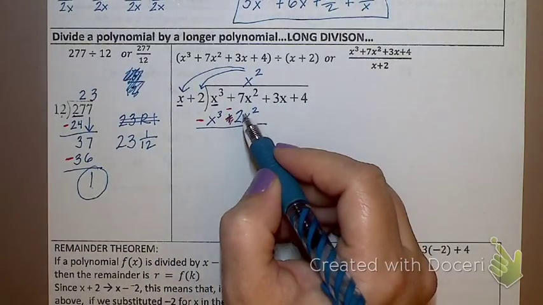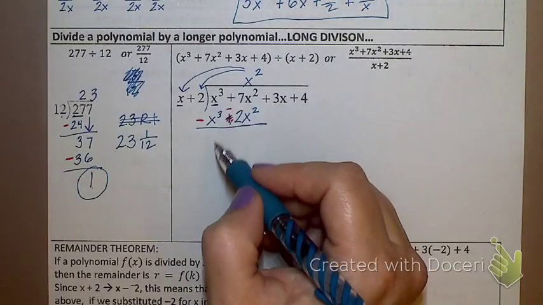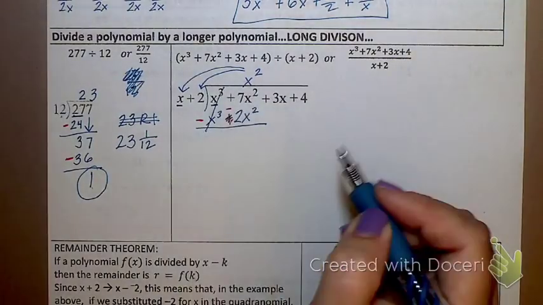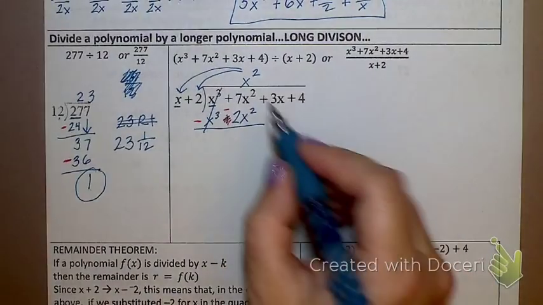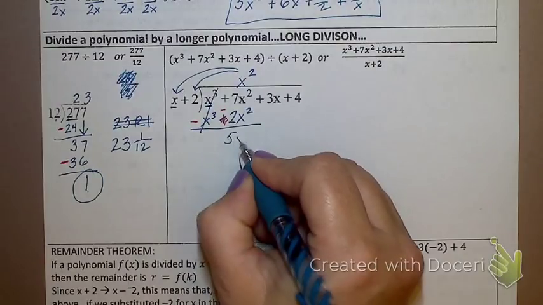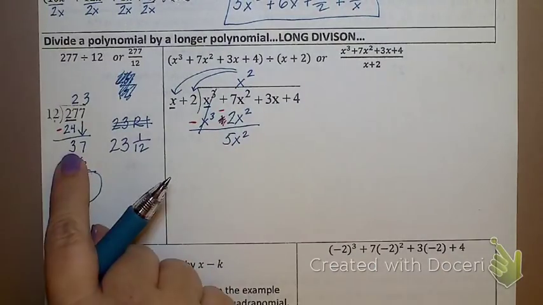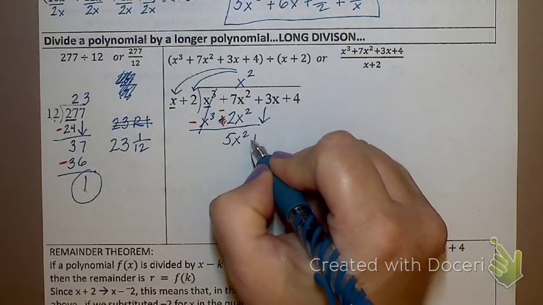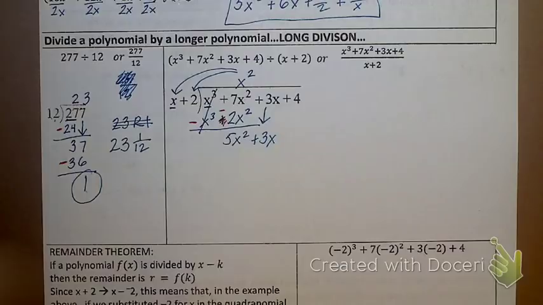And then we do what? We actually do the adding or subtracting, if you will. X to the third minus x to the third, that's going to cancel, right? 7x squared minus 2x squared is 5x squared, so that's what I had there. And then what did I do? I brought down the 7, so let's bring down the next term. That's the end of cycle 1.